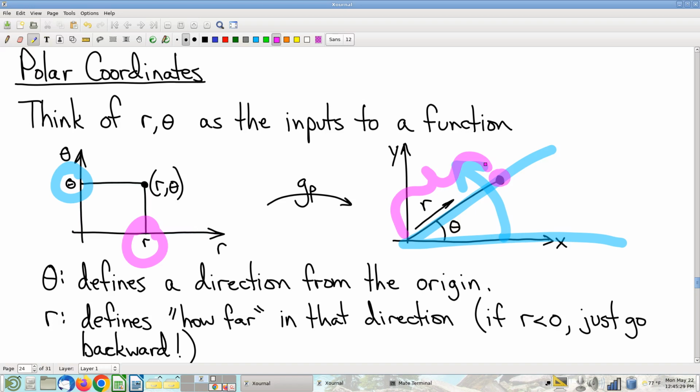Okay, now let me confess to my math crime. I said how far. That sounds like a distance. Tragically, distances are positive. r does not have to be positive. r is totally allowed to be negative, right? So said differently, r is not a distance, it's a coordinate. So think back to rectangular coordinates.